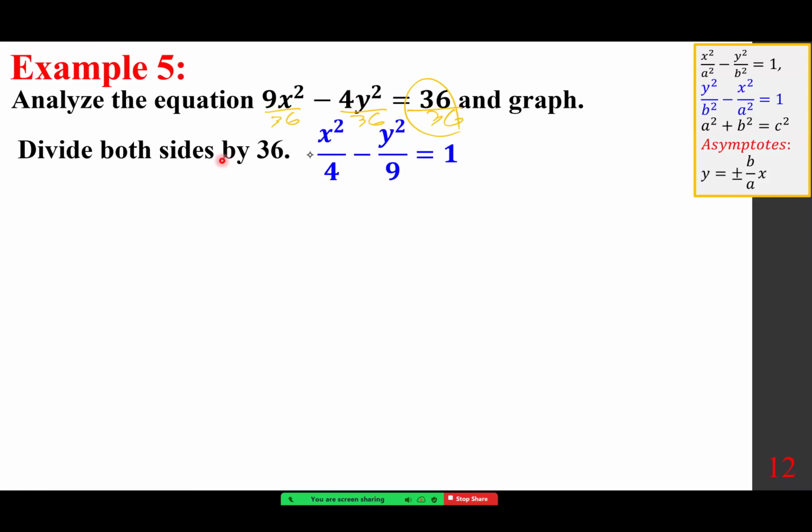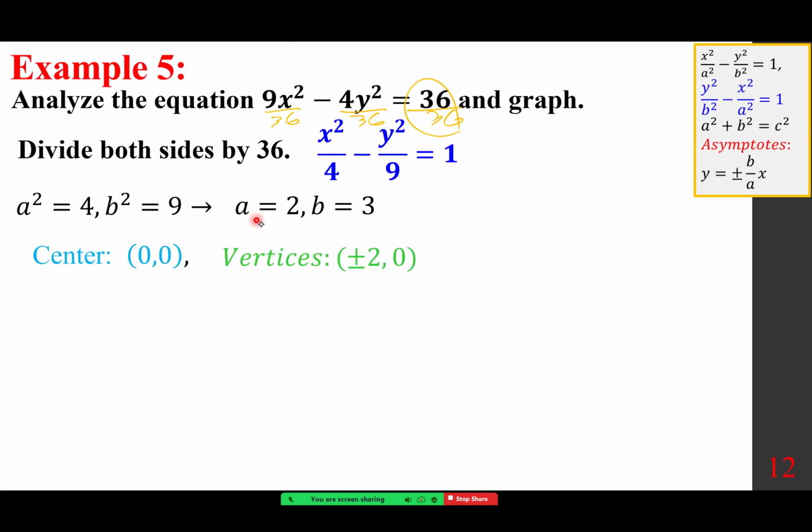Again, we want to analyze the equation. I'm going to assume you know how to graph this. Understand a couple of things. a squared is 4, b squared equals 9. So a is 2, b is 3, given the center is at (0, 0). This opens sideways, so we have the vertices at plus minus 2, 0.